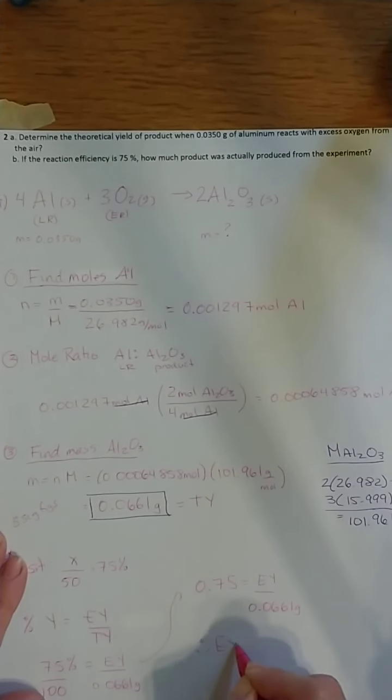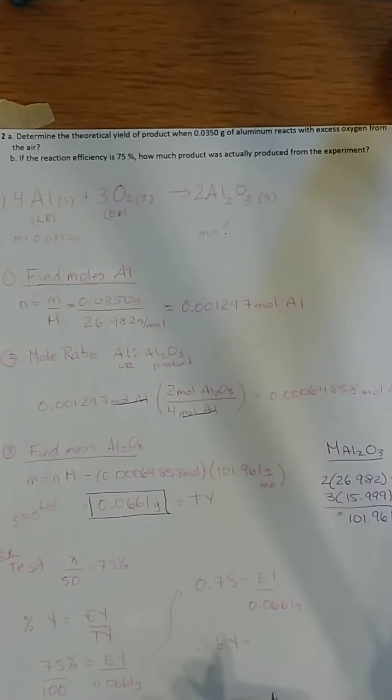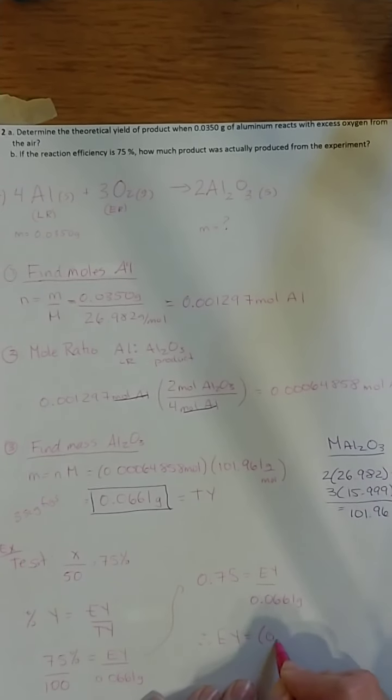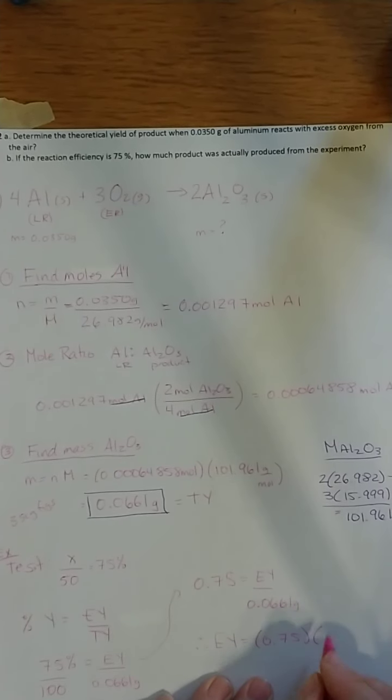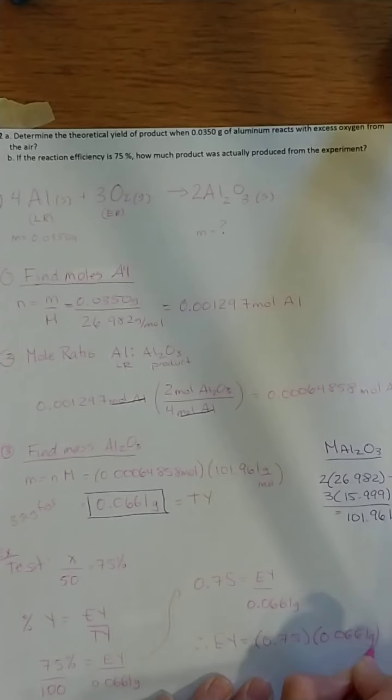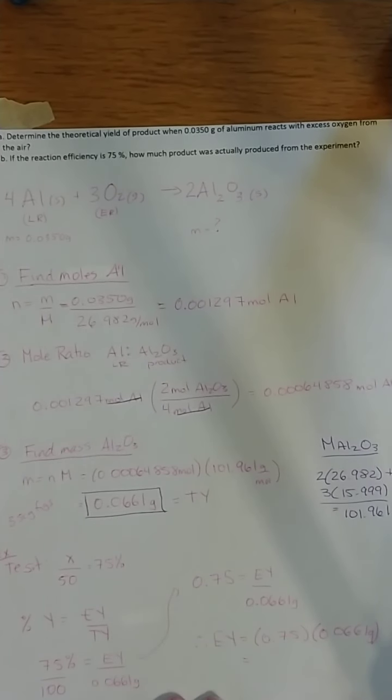To solve for EY, you're going to multiply this out on both sides. So therefore, all you're going to do to get EY is take your percent yield as a decimal and multiply it by your theoretical yield. And you do that 100% of the time, and it will always work.